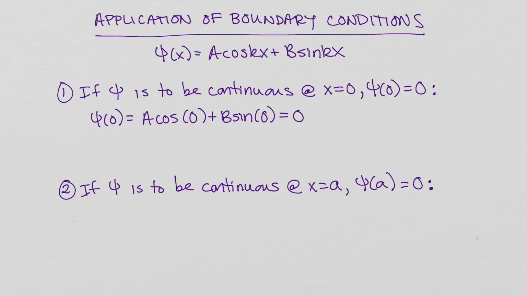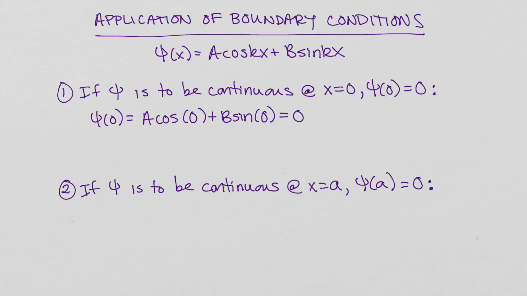So that means that at our boundary of region 2 our wave function has to go to 0 in order to have a well-behaved continuous function. Okay, so boundary condition: at x equals 0, our psi of 0 must be 0.